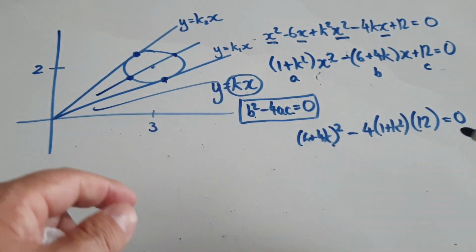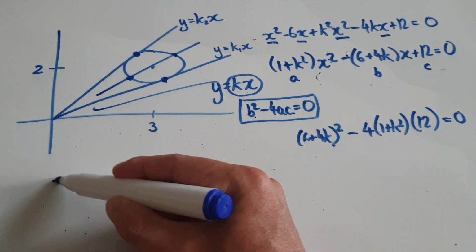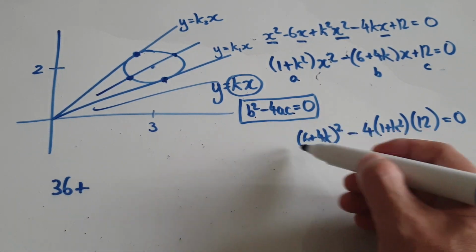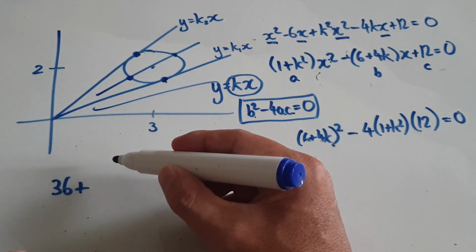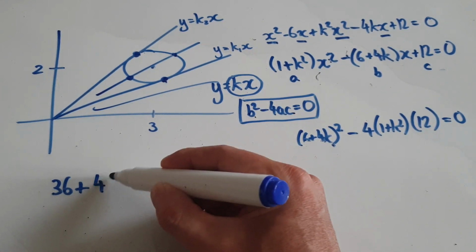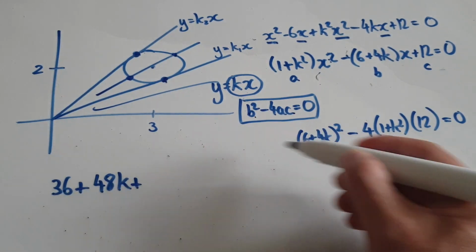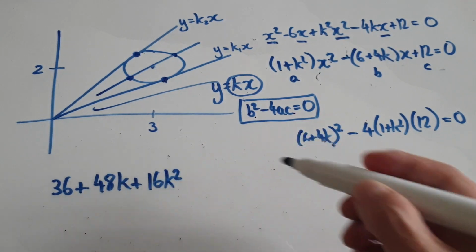So tidy this up. Square this would be 36 plus, hang on, let me square this in my head. 24 plus 24 would be 48, 48k, plus 4k times 4k would be 16k squared.